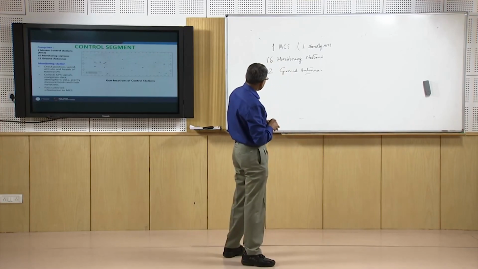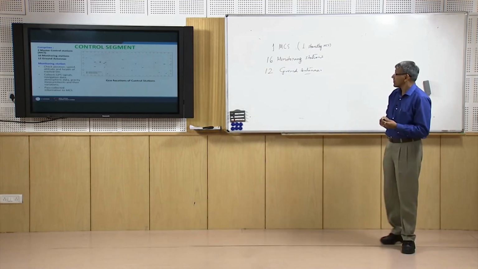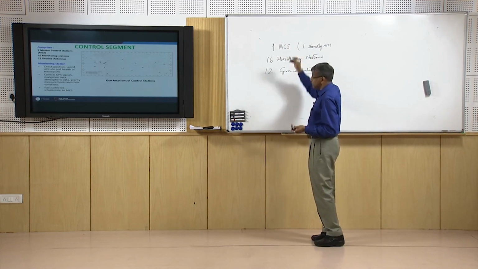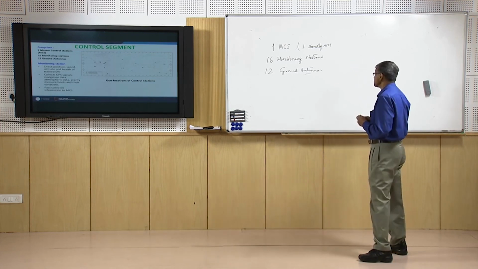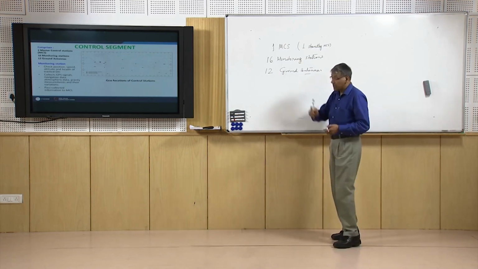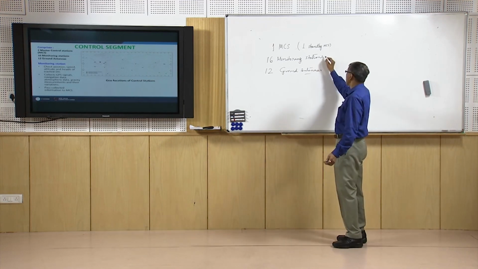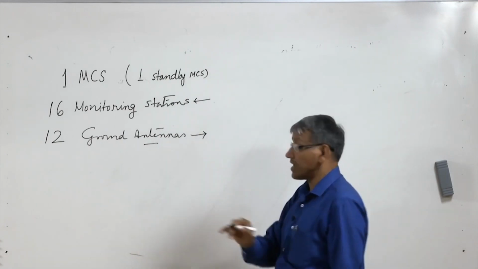From the name itself we can say the master control station is the station which fundamentally controls all the activities, but its activity depends on the working of the monitoring stations as well as the ground antennas.